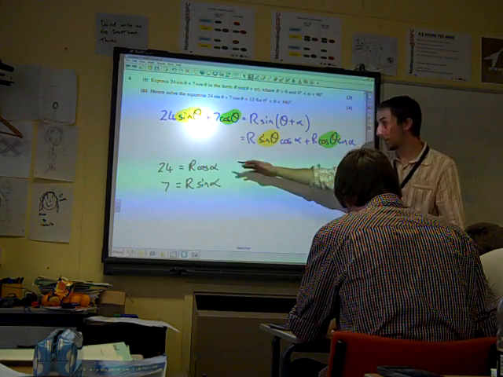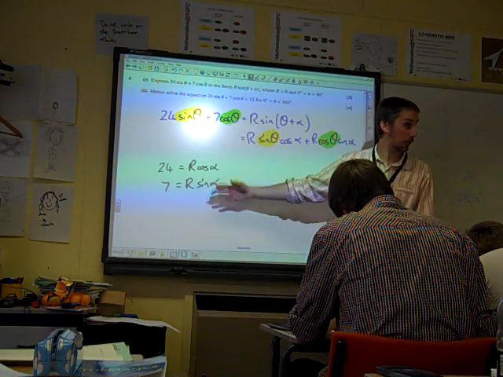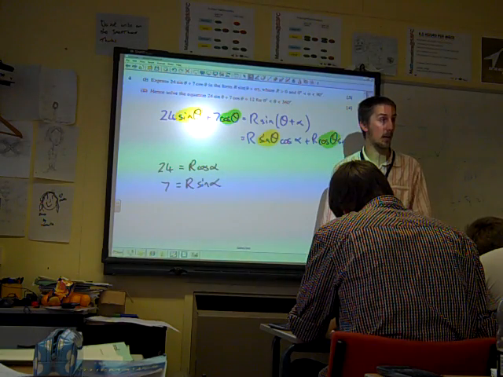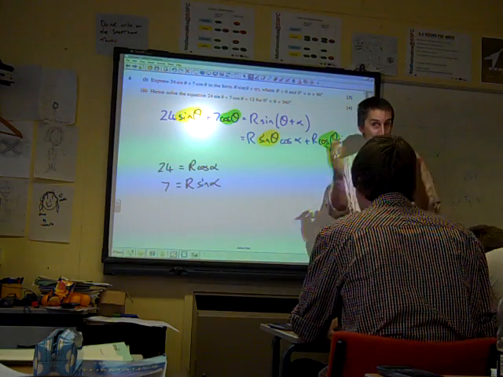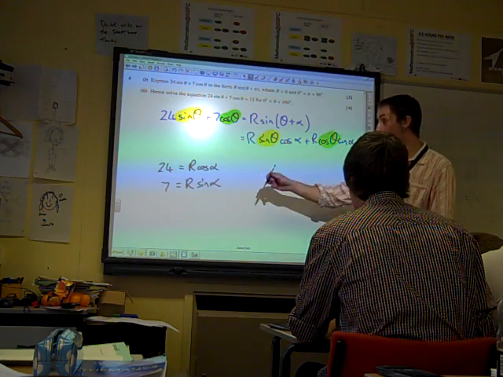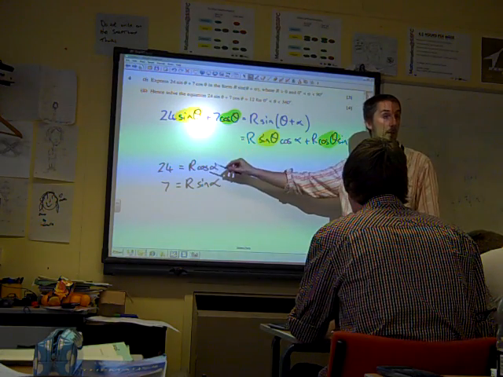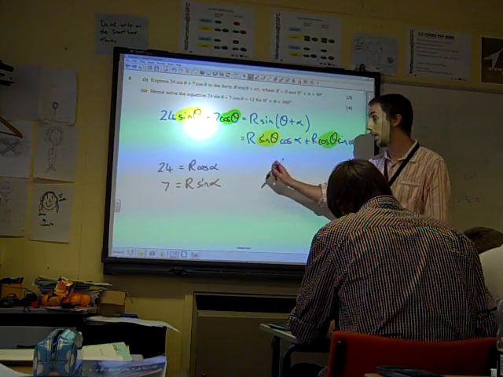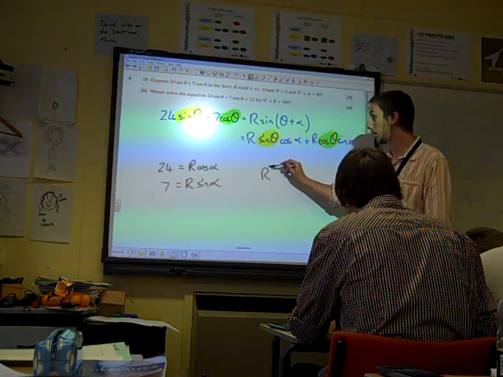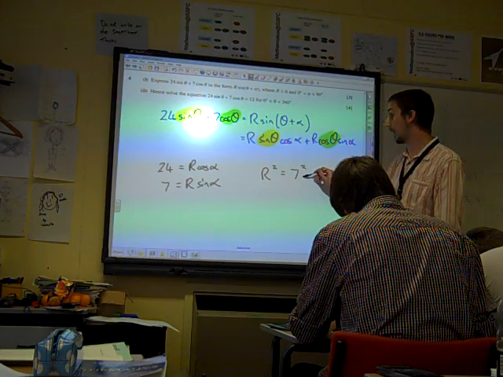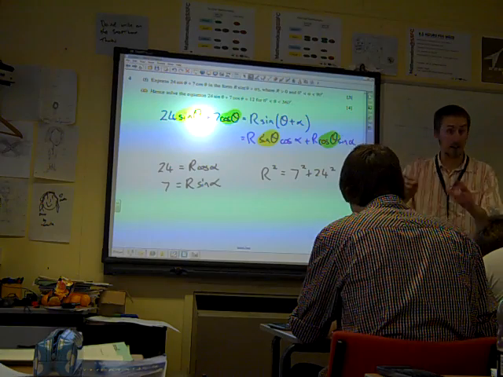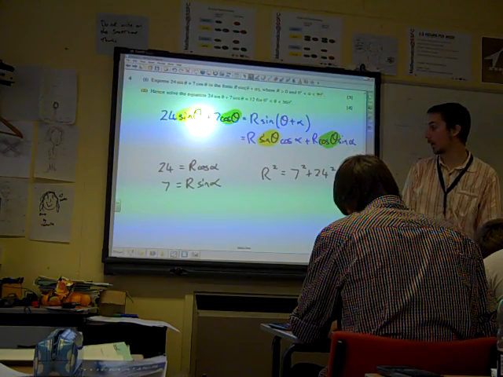And then when you solve these simultaneous equations, you've got a number of routes that you could go at. You could go straight into dividing one by the other to get tan alpha. I prefer to do it the other way. I prefer to think that if I squared and added these, I'd end up with cos squared plus sine squared in there somewhere. So I would get that r squared is 7 squared plus 24 squared. It's Pythagoras' theorem, imagining what would happen within that triangle.